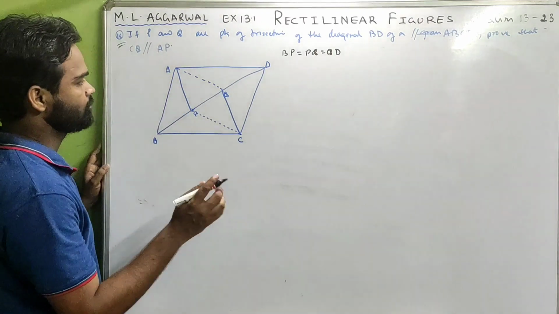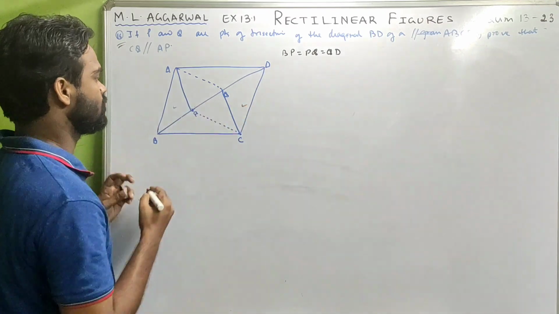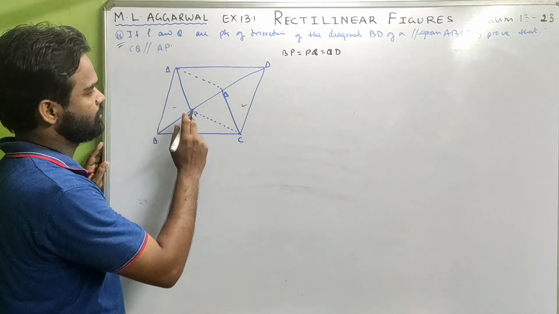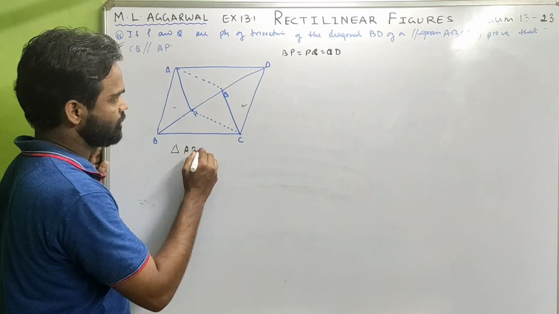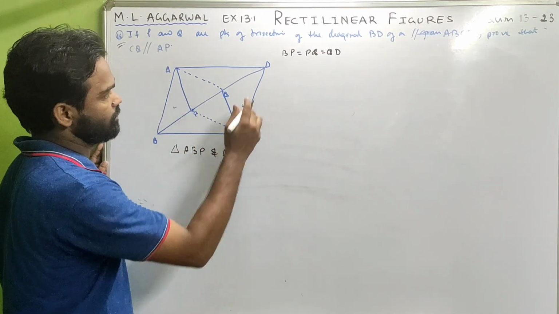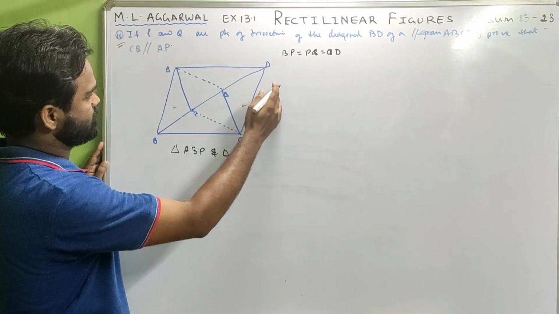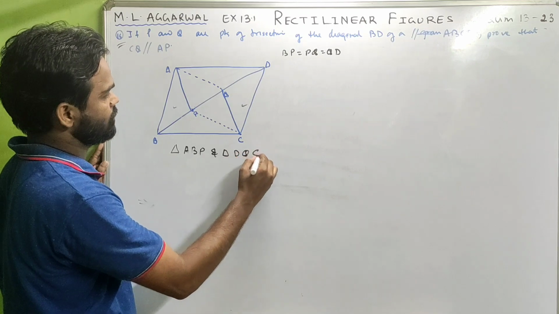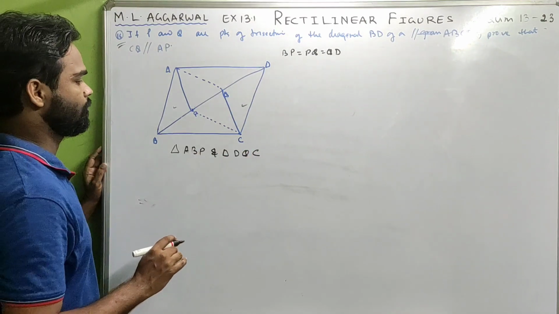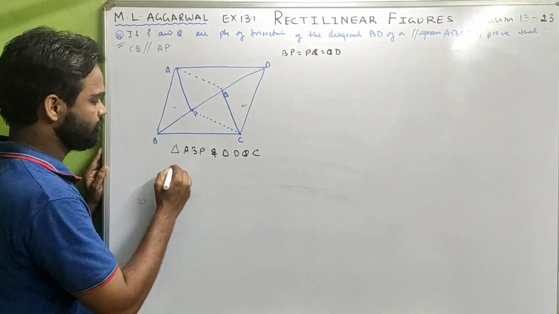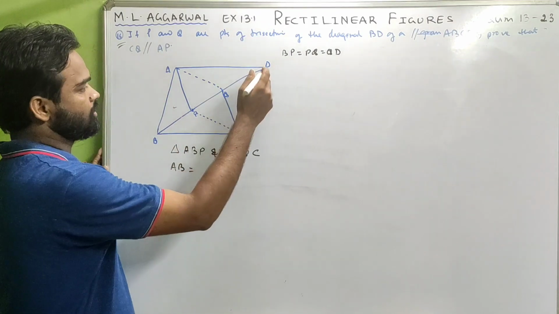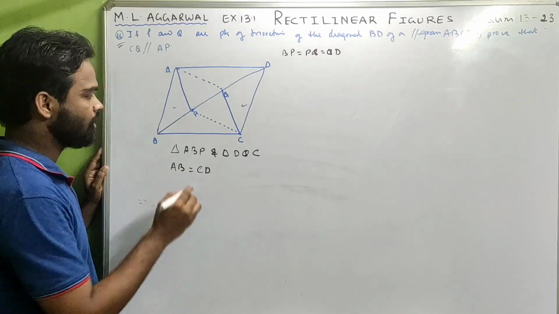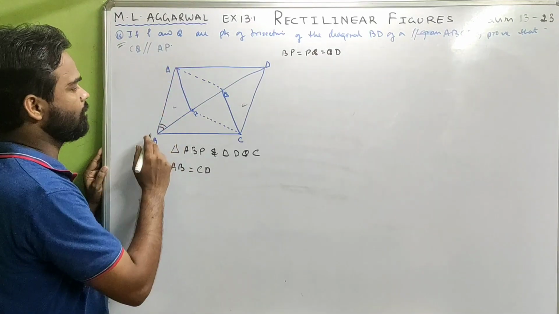Very easy. Just look at these two triangles. Triangle ABP and triangle DQC. Okay, just look. AB is equal to CD, opposite sides of the parallelogram.